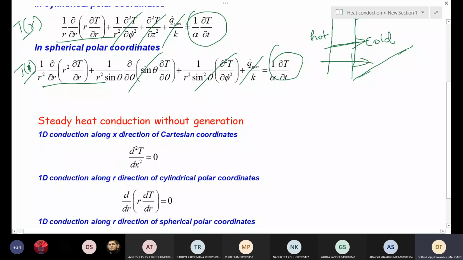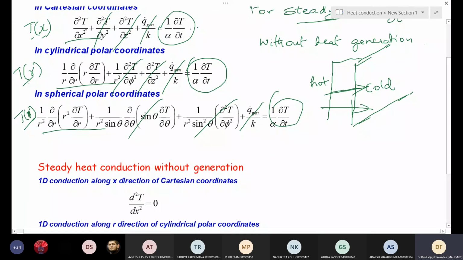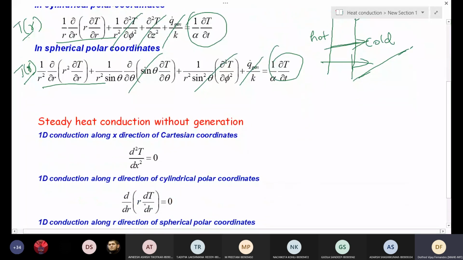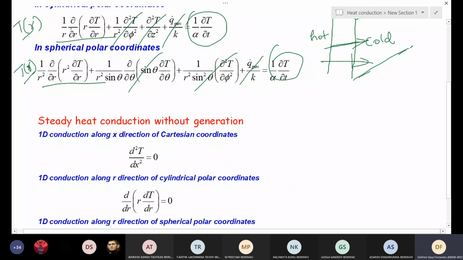So compare them. Any changes here? So this term and this term. It's okay, right? So what is remaining here for the first one? d square T by dx square, that is there. Next here we have 1 by r, but because on the right hand side we have 0, if you take that quantity to the right hand side, it will be 0.